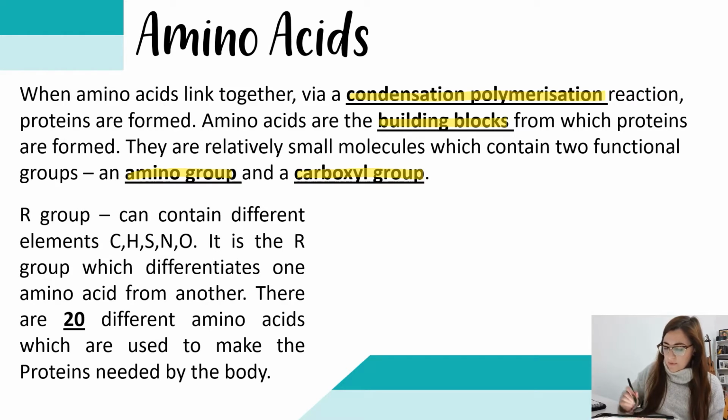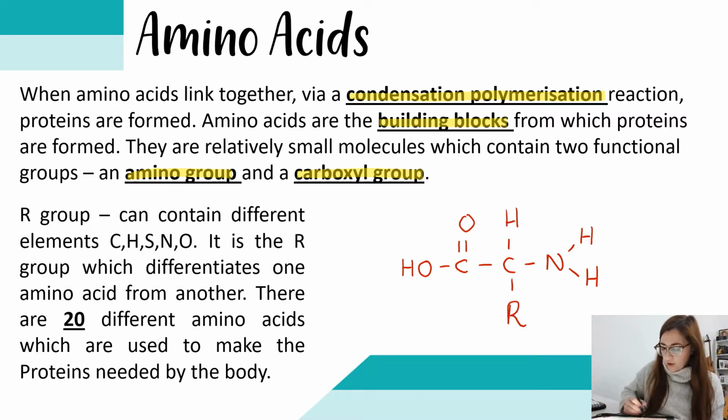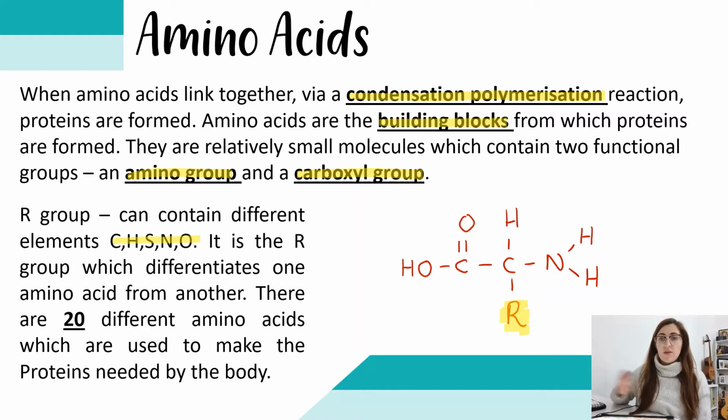So for example, if I was to draw an amino acid, I would have my carboxyl group at one end, C double bond O OH, and an amino group at the other end, NH. And amino acids have an R group in them, and this R group can contain different elements, carbon or hydrogen or nitrogen or oxygen, and it is the R group which differentiates one amino acid from the other.